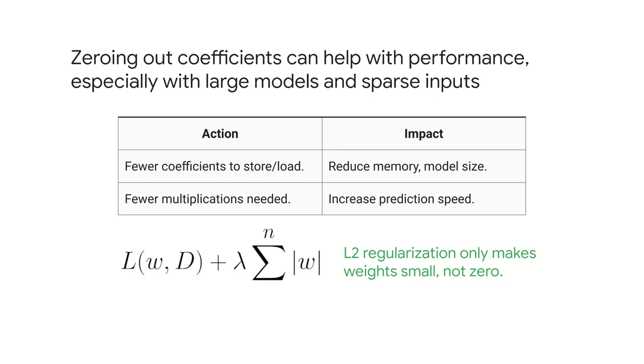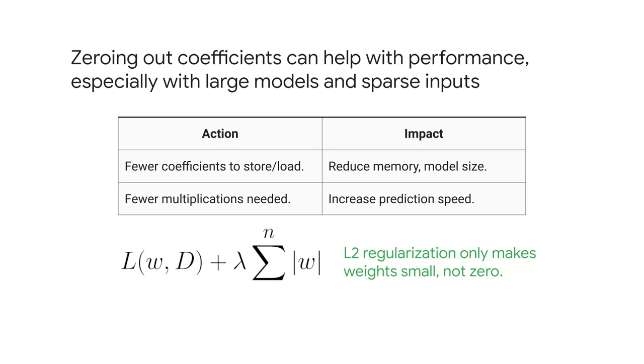L1 regularization, on the other hand, adds the sum of the absolute value of the parameters' weights to the loss function, which tends to force the weights of not very predictive features, useless features, to 0. This acts as a built-in feature selector by killing off those bad features and leaving only the strongest in the model. The resulting sparse model has many benefits.